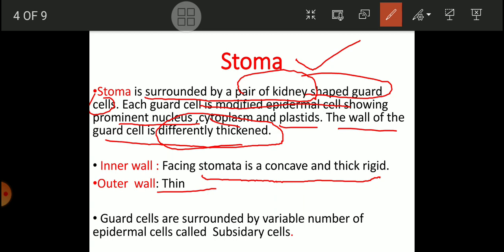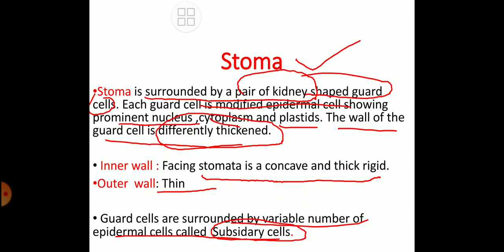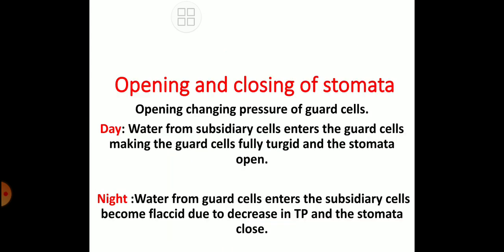Now guard cells are surrounded by a variable number of epidermal cells, and those are known as subsidiary cells. So subsidiary cells are also epidermal cells, but they are surrounding the guard cell. That's why these modified epidermal cells are also known as subsidiary cells. Now most important is the opening and closing of the stomata.